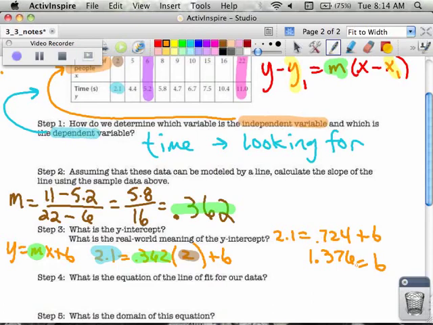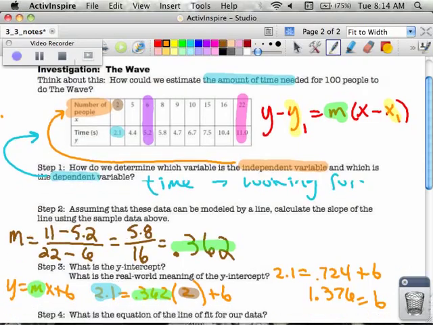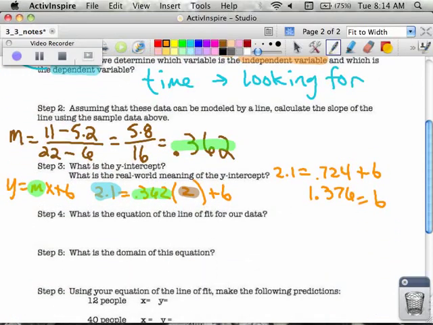And this is saying, what is the real world meaning of this 1.376? It says we're supposed to estimate the amount of time needed for 100 people to do the wave. So this b stuff is talking about time in seconds.